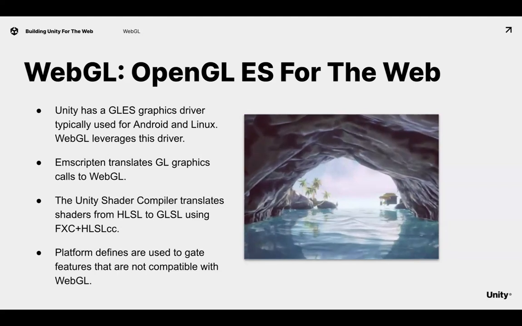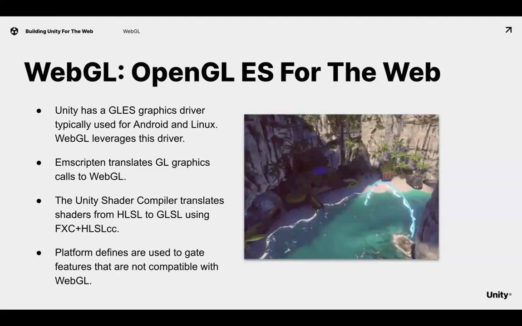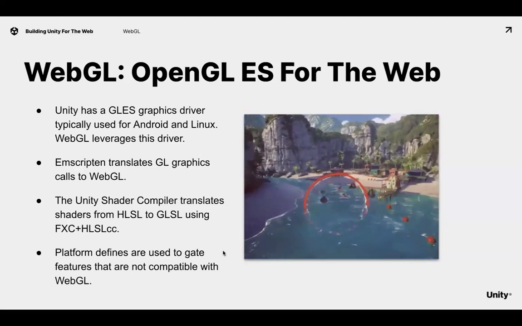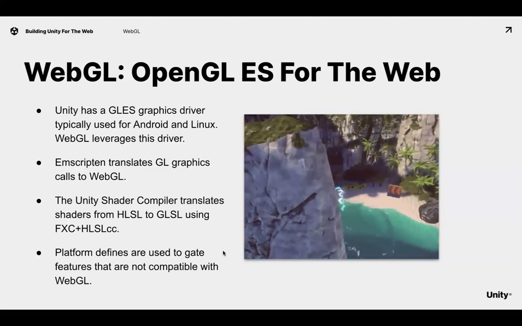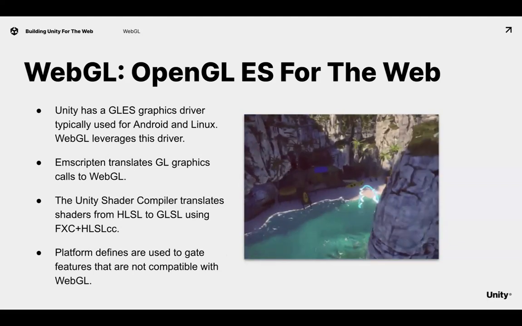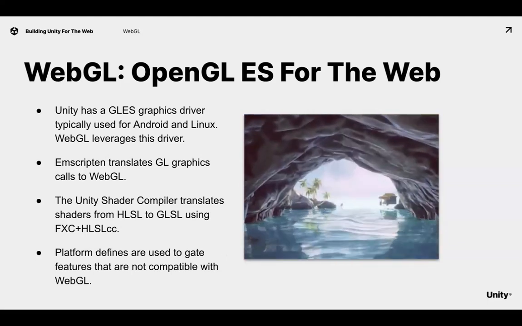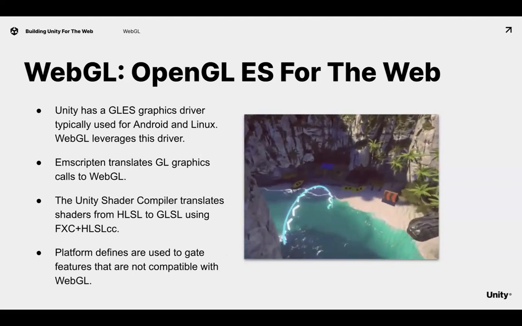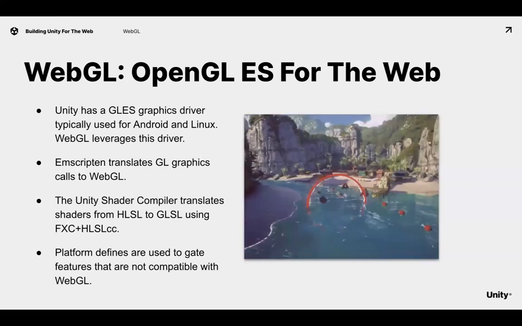Shaders in Unity are typically written in HLSL, DirectX shading language. So we have to have a shader compilation process to translate to the target platform, whatever it is, whether it's Vulkan, or in this case, GLSL for GLES.